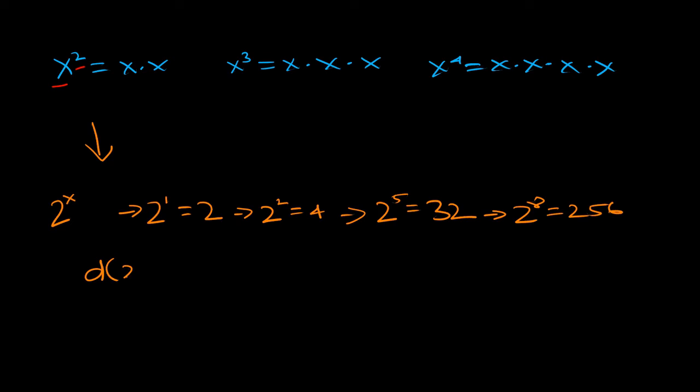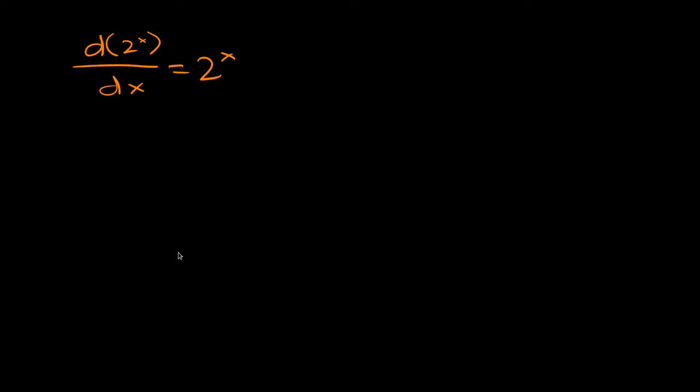d(2 to the power x)/dx is just equal to 2 to the power x, right? Well, not quite. Let's simplify this. This just becomes (2 to the power x plus dx minus 2 to the power x) all over dx.